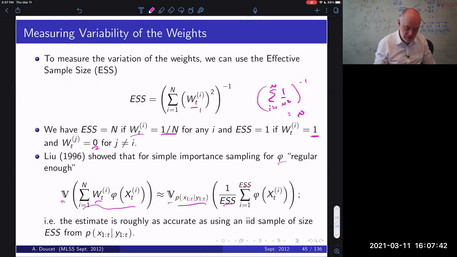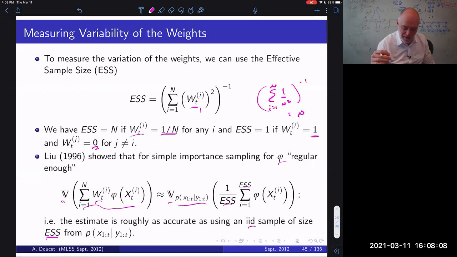In other words, the estimate that you get out of an importance sampling scheme, and SMC is an importance sampling scheme, is roughly as accurate as using an IID sample of size ESS from the posterior distribution. Okay, so we want to keep ESS as high as possible, but we don't want to resample so often that we unnecessarily introduce particle degeneracy.